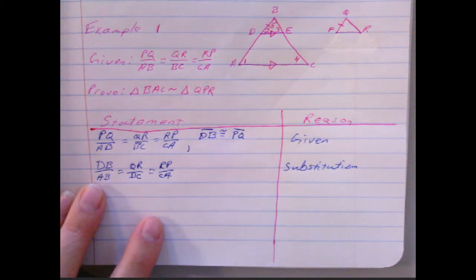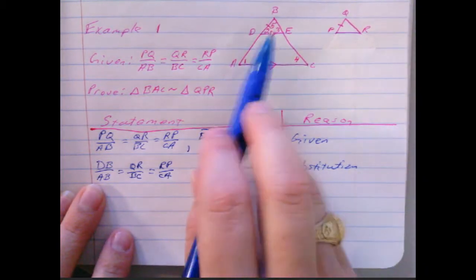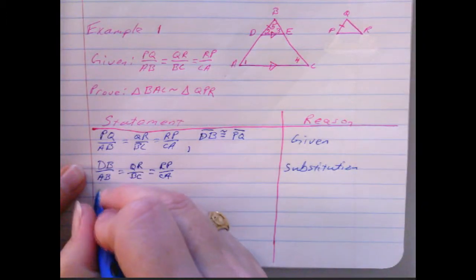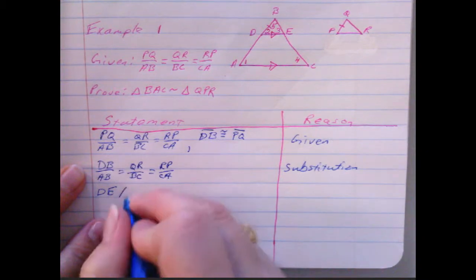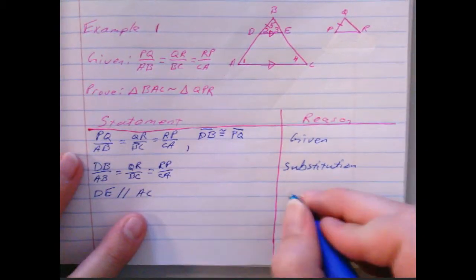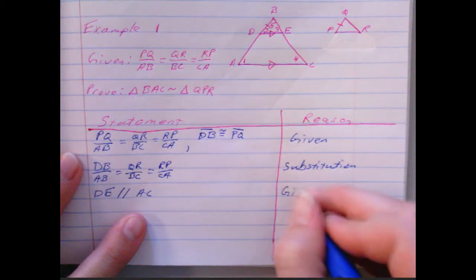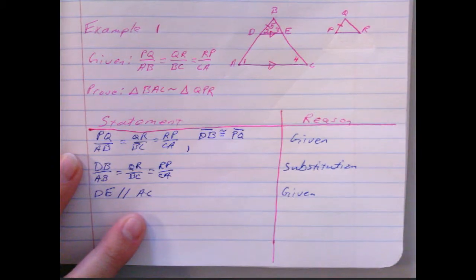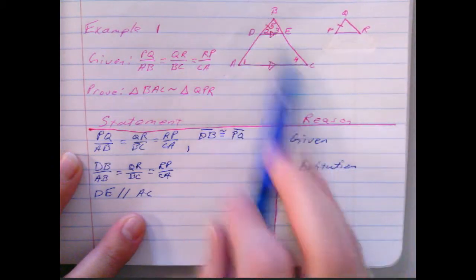So then the next thing I'm going to be doing is looking here at these parallel lines. So I have DE is parallel to AC, and that's actually given to us as well. So then what do I know since those lines are parallel? Parallel lines cut by a transversal.